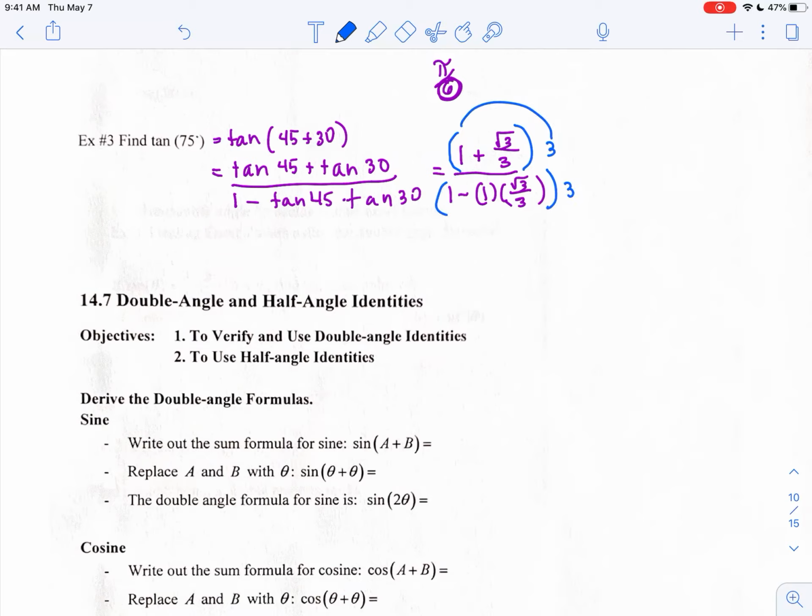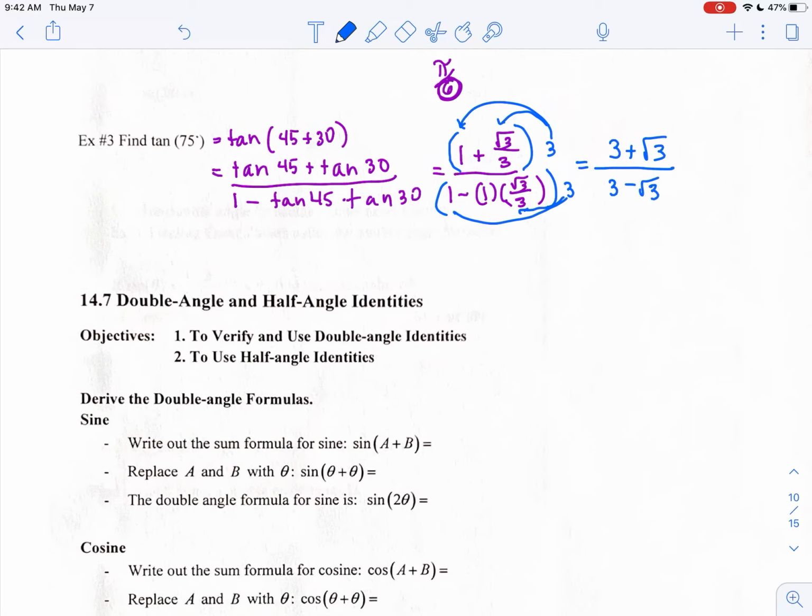That means you take the 3 and distribute it to each one of the terms inside. So we get positive 3. For the second fraction, the 3's cancel out, so plus radical 3, all over. Same thing, you have two terms: you distribute the 3 to the 1 and the 3 to this fraction. So we get 3 minus radical 3.